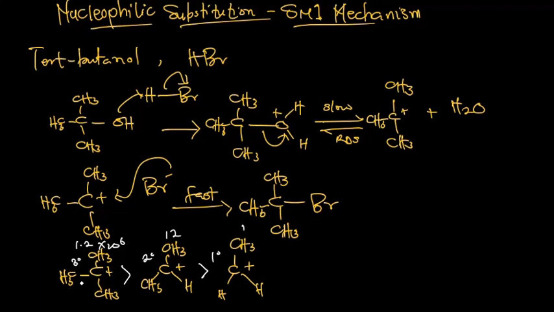Alkyl groups are very good at doing this, and the tertiary carbocation has 3 of such groups, a methyl here, a methyl here, a methyl here, compared to the secondary carbocation, which has 2, and the primary carbocation, which has 1. So carbocations are stabilized by electron donating effects of alkyl groups. This is what helps it to become stable for an SN1 mechanism to take place.